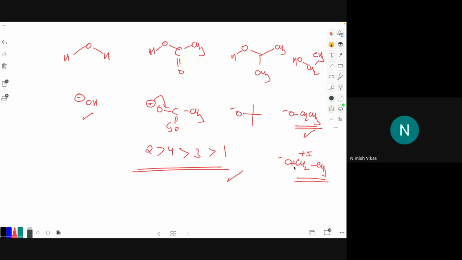Plus I means what? It will give electron density to oxygen, right? So it will destabilize or stabilize it? Destabilize. So 2, 1, 3, 4. You're comparing 3 and 4. Imagine CH3, CH3, CH3 C O negative.